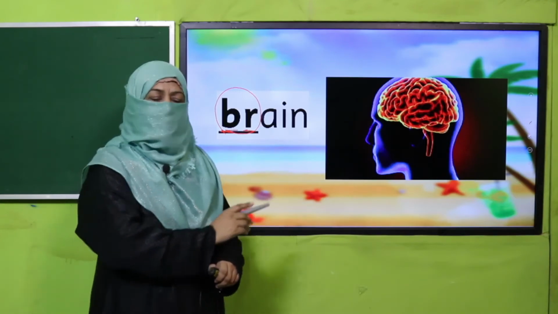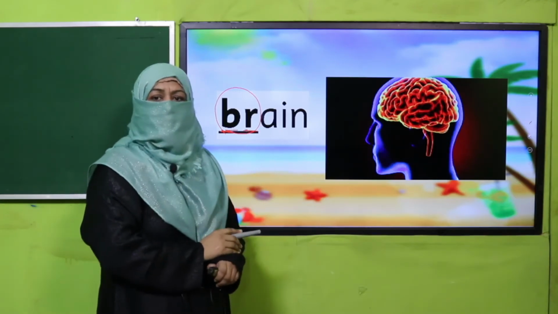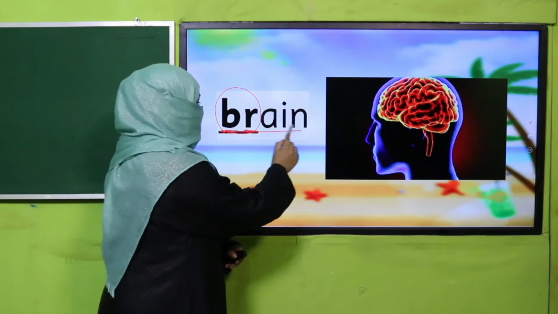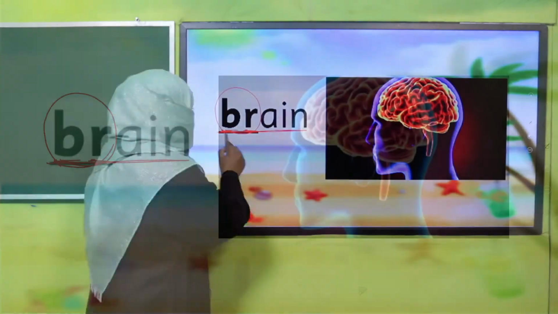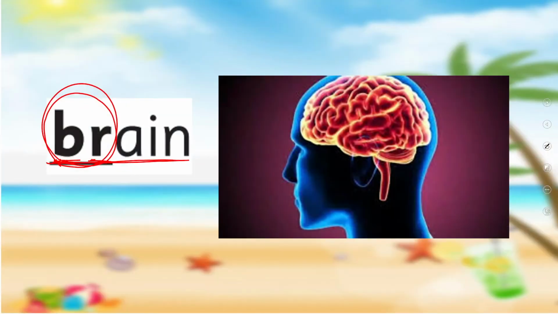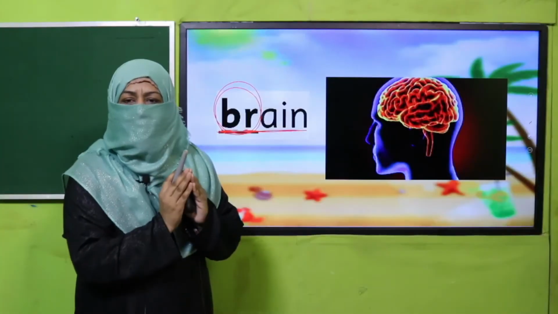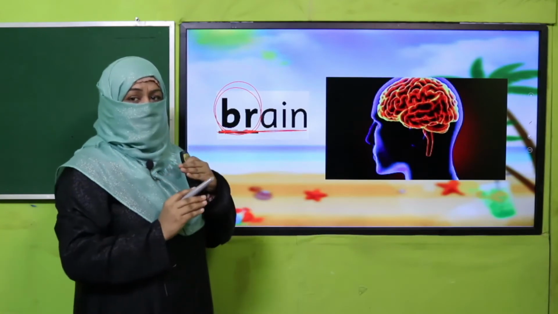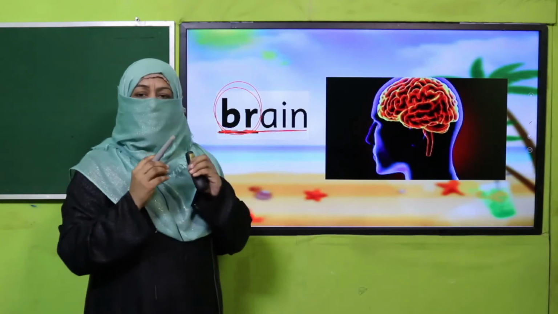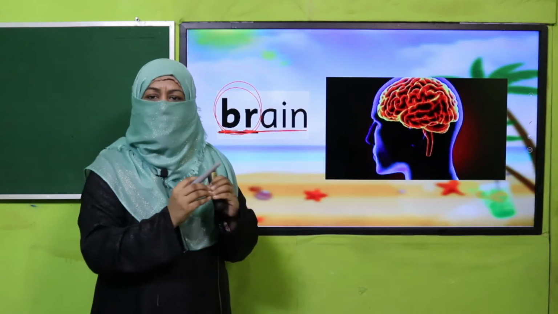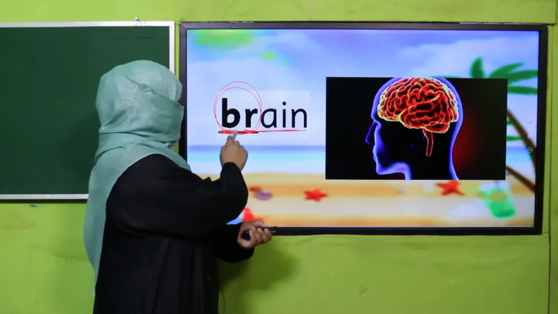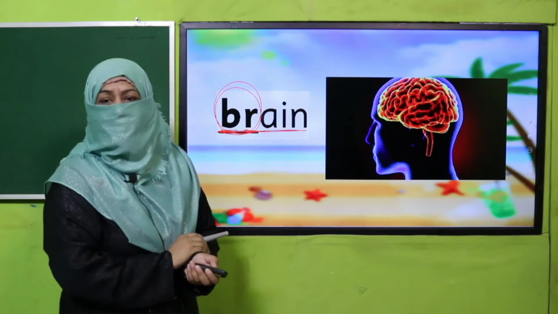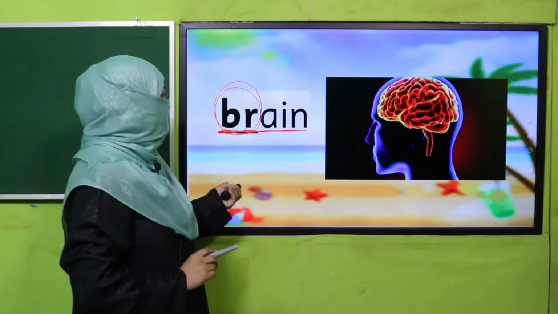It's B. And what is the sound of R? It's R. Br. Brain. So this consonant cluster is pronounced together as a unit without a break, keeping both sounds together. Brain, brain, brain, right? Again, this is at initial position.